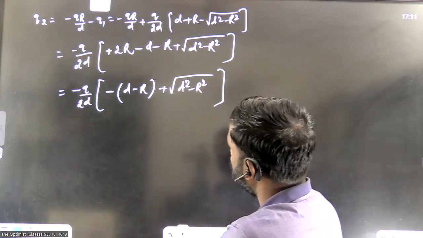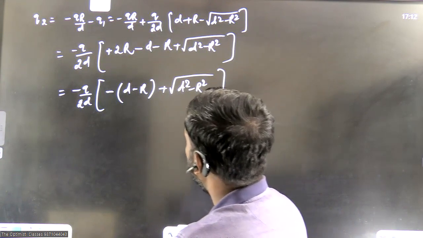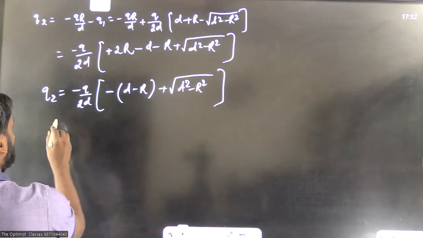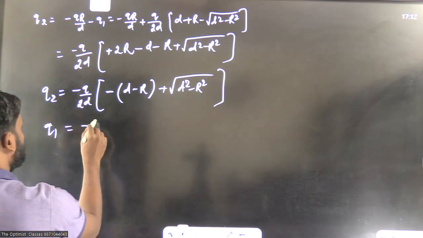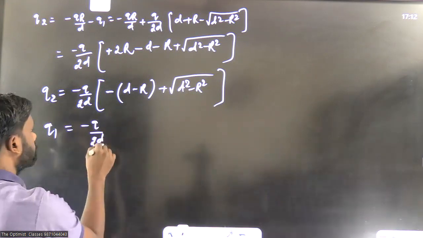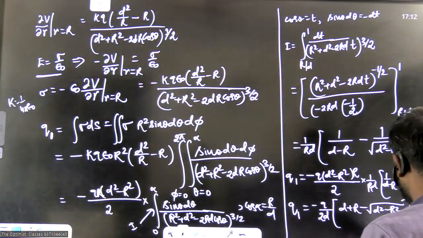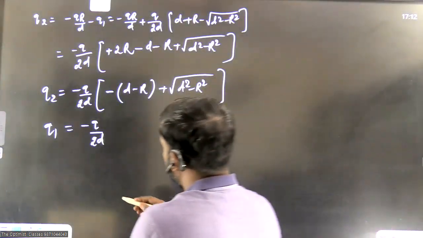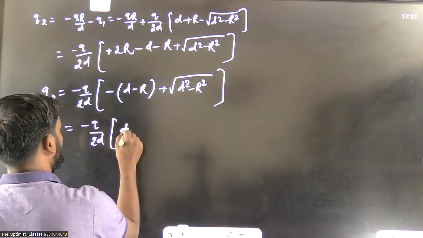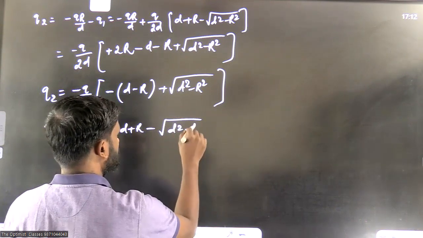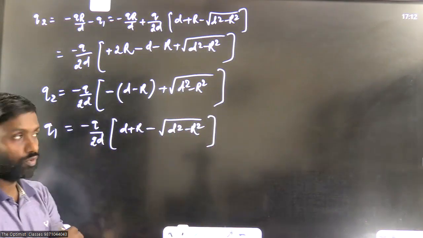This we are getting. So this is the Q2. Q1 was equal to minus Q upon 2D. See, this was minus Q upon D, and we had D plus R and minus root under D square minus R square. This is what Q1 was.